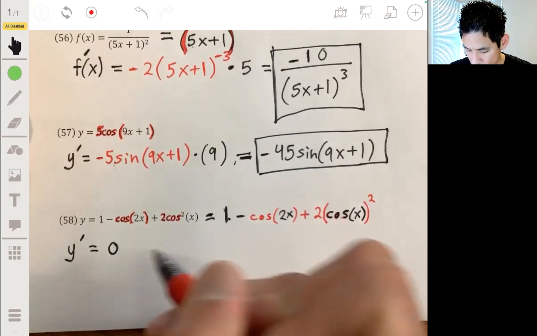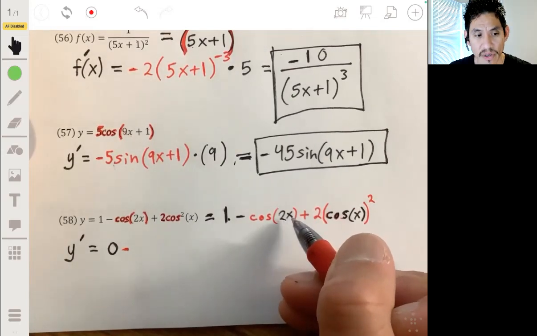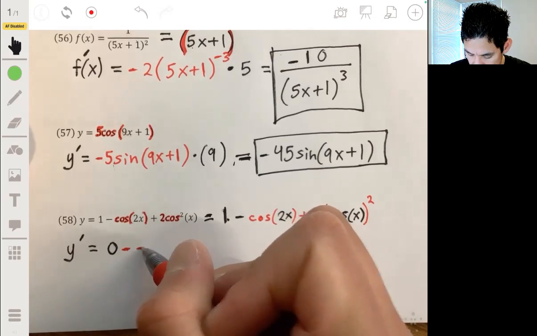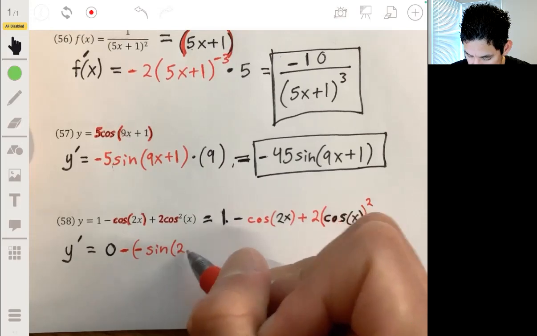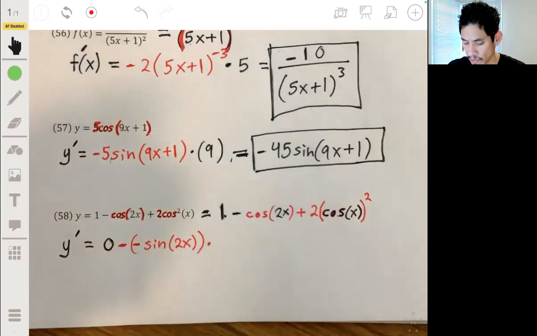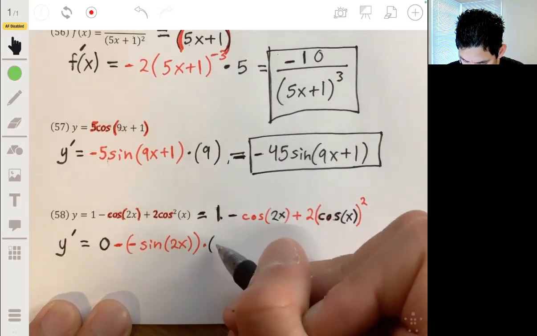Minus the derivative of the cosine function, which is a negative sine function. So minus a negative sine of, and leave the 2x as is, multiplied by the derivative of 2x, which is just going to be 2.